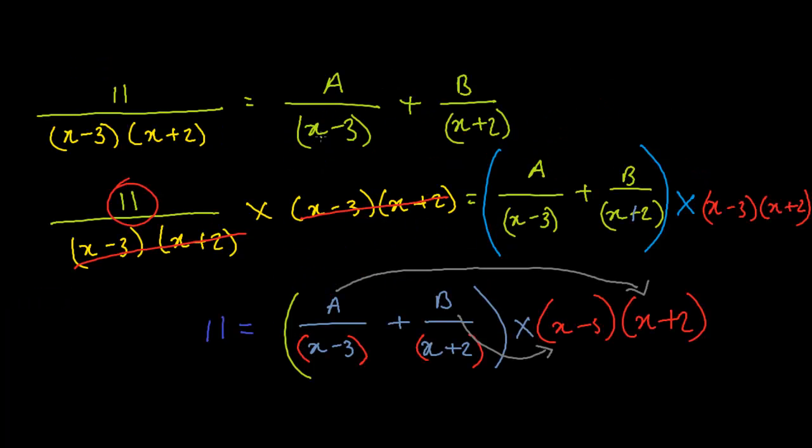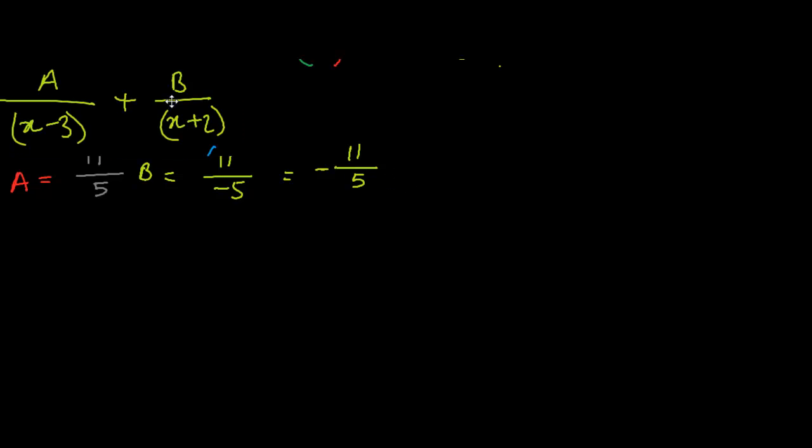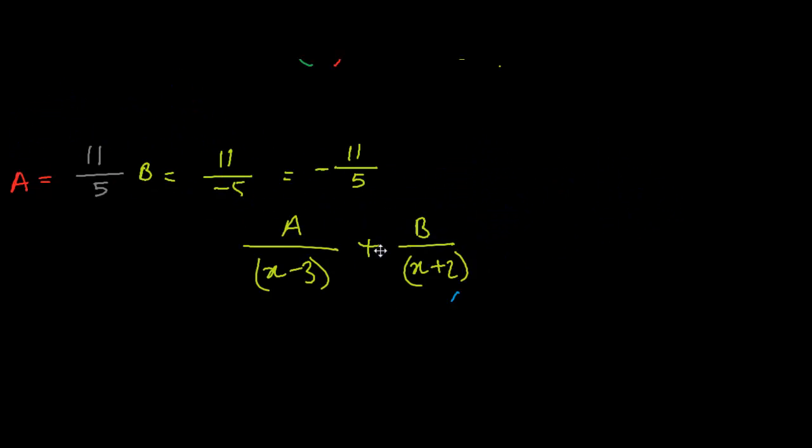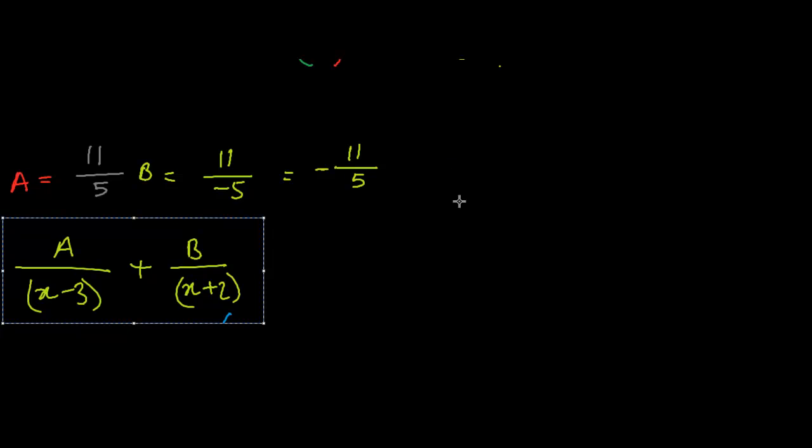Remember, a is over x minus 3 and b is over x plus 2. So let's just get that back for the context. And we'll just place it here. Okay, so a plus b, x minus 3 and x plus 2.